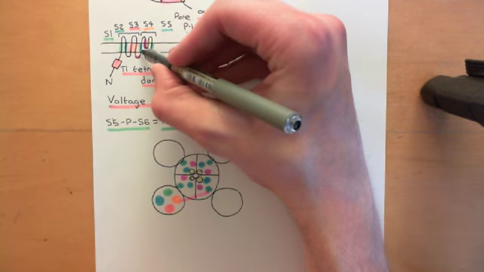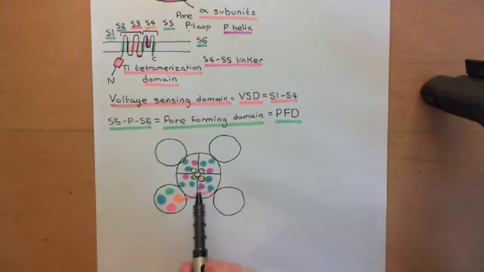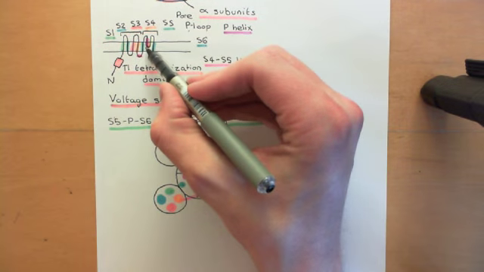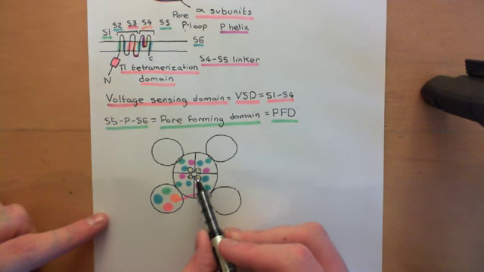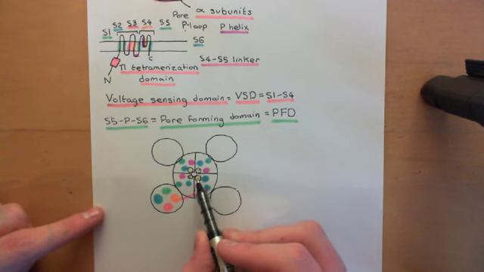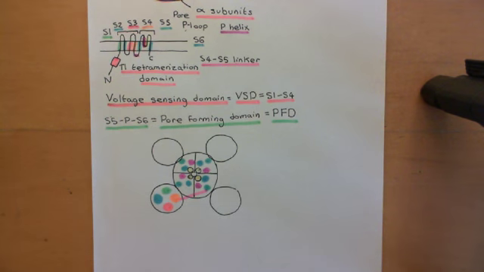You'll then come up through the membrane as the S5 helix here. You'll then have this loop on the external aspect going into the descending portion of the P loop here. You'll go down a little bit, but you won't get all the way through the membrane. You'll then loop back up, and then you'll come out in this ascending portion of the P loop here, which is the portion that lines the pore on the external aspect of the channel.